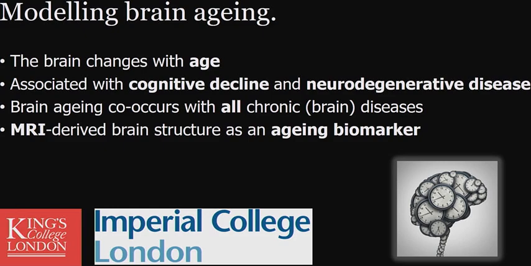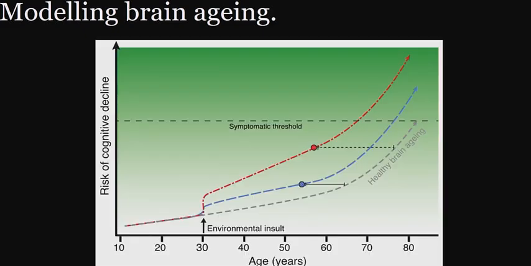So as time passes, your brain is changing. And if you've got a disease, there's going to be some interaction with that. So my research is using MRI-derived measures of brain structure as an aging biomarker. And the idea is to model healthy brain aging in a large sample of healthy individuals, which you can see in this grey line.